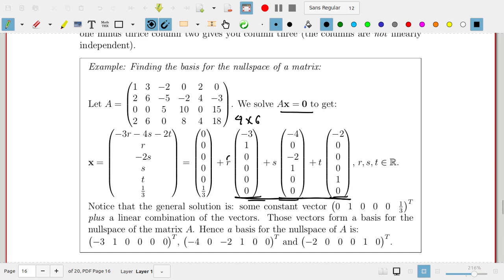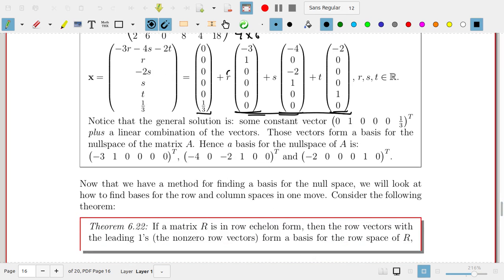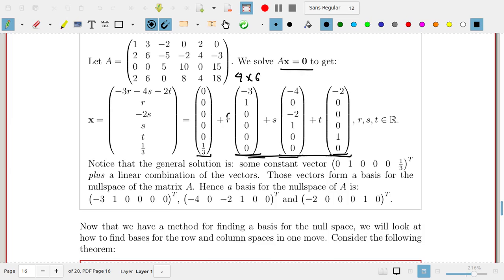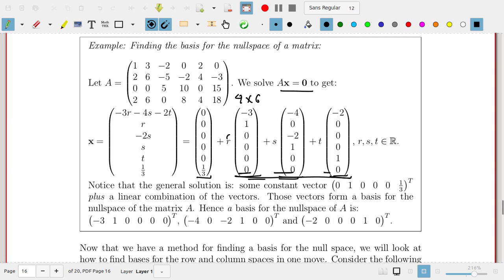As you vary r, s, and t, and then add this first constant column vector, you get solutions. You can generate solutions for Ax equals 0. So these vectors form a basis for the null space of A.